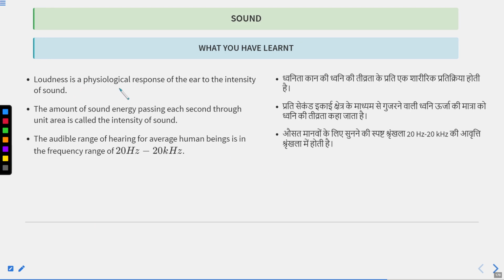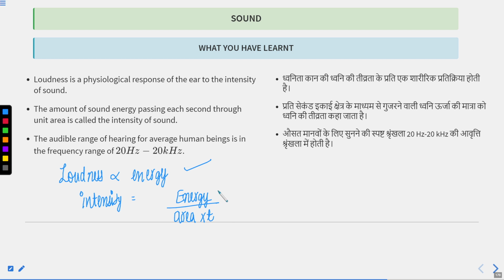Loudness is the physiological response of the ear to the intensity of sound. Loudness and intensity are two different things. Loudness depends on energy. Loudness is directly proportional to energy, and intensity is equal to energy per unit area per unit time.